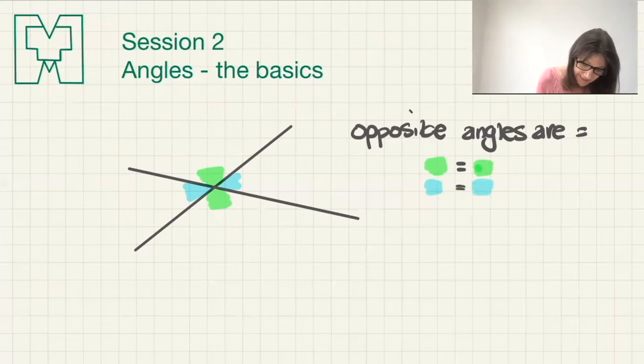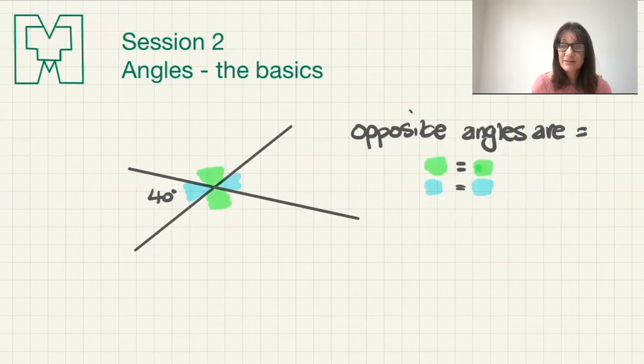So if I'm telling you that that is 40 degrees, what's the other blue angle? 40 degrees. I love this rule. There is actually no maths. I don't even have to do a sum to work an answer out. It is the same answer. So if that is 40 degrees, the other one's 40 degrees.